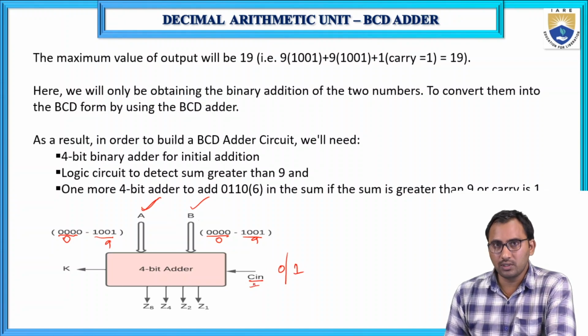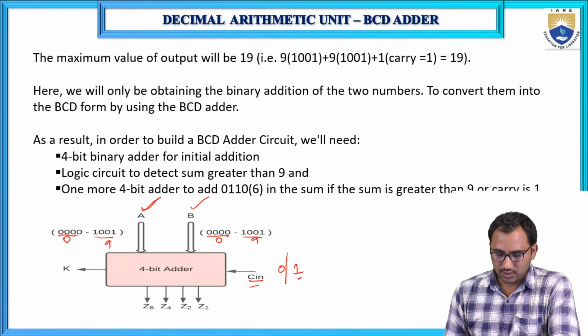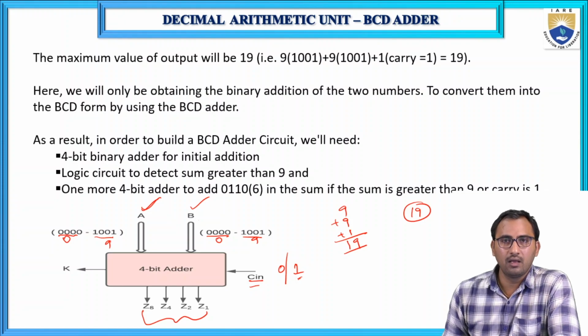So the maximum value for the input carry is 1. At any point of time, the maximum sum output will be 19, that means 9 plus 9 plus 1 input carry. So in total you may get 19 as the final output.